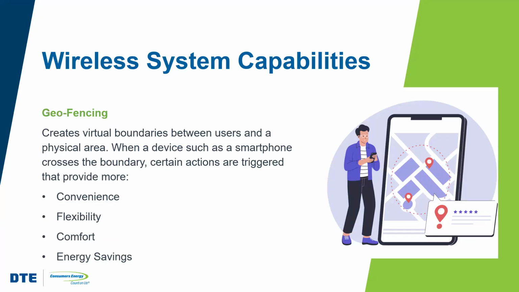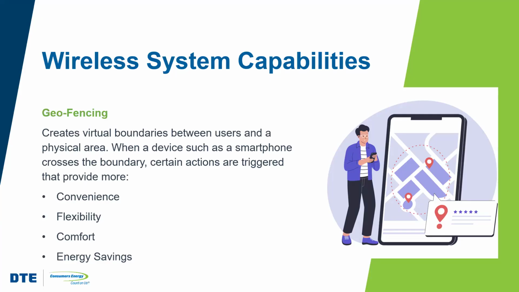Wireless systems also feature some new capabilities like geofencing. That creates a virtual boundary between the users, the homeowner, and a physical area. So, for example, if somebody's got a smart device connected to the geofencing in their home system, when their smartphone crosses a boundary, certain actions are triggered.